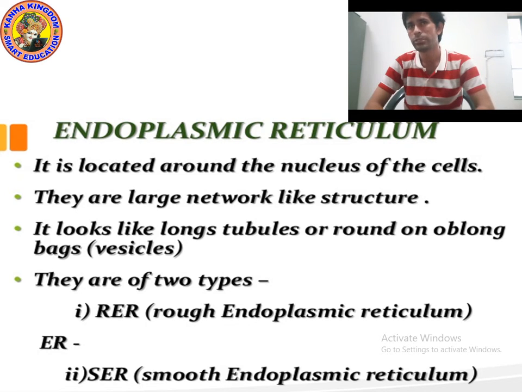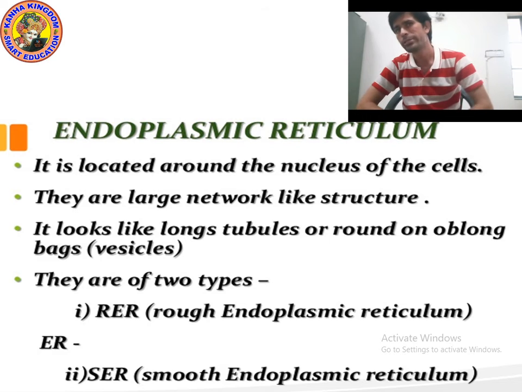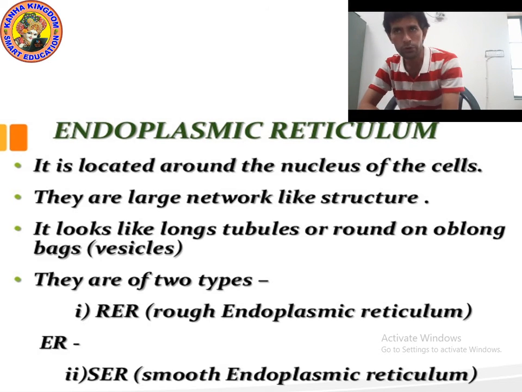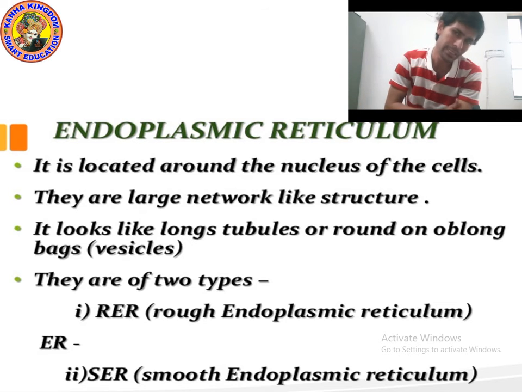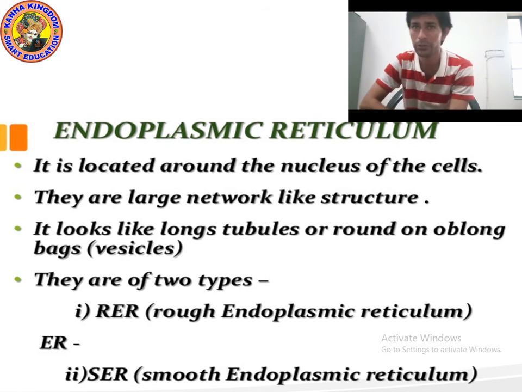They are a large network-like structure. They look like long tubules or round or oblong vesicles. And there are two types of endoplasmic reticulum.